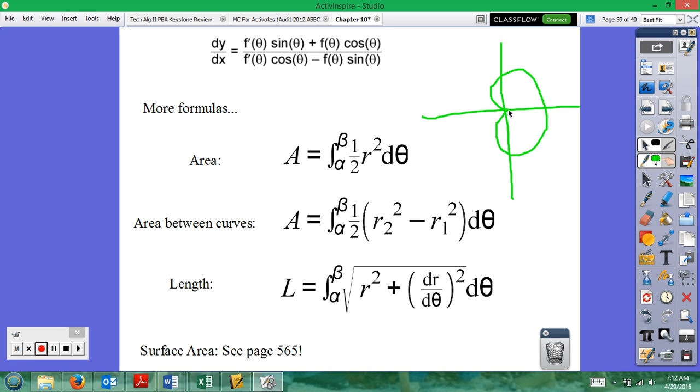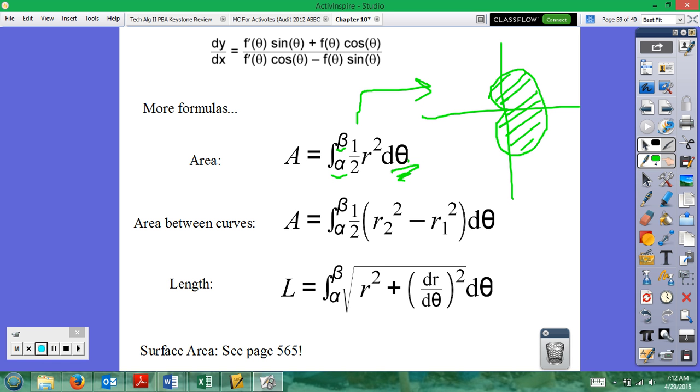With this area formula, we get the area between the graph and the origin. The a and b are really an alpha and a beta, your limits of integration. They are angles, and I know because I see d theta. Remember, everything should match variable-wise, so d theta means everything's in terms of theta.